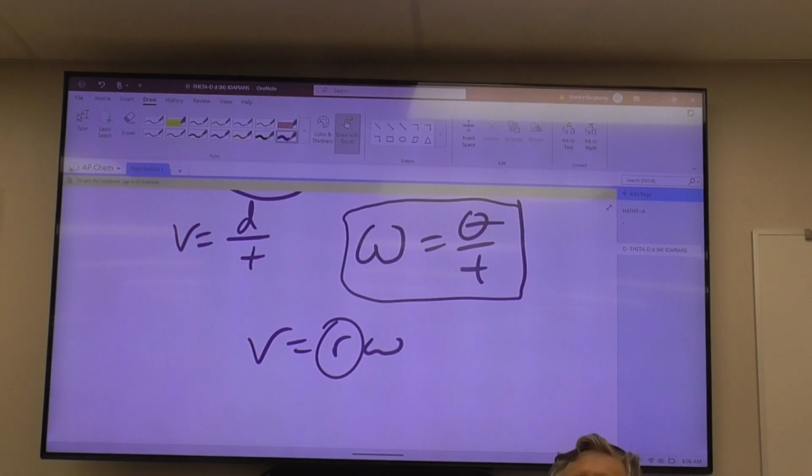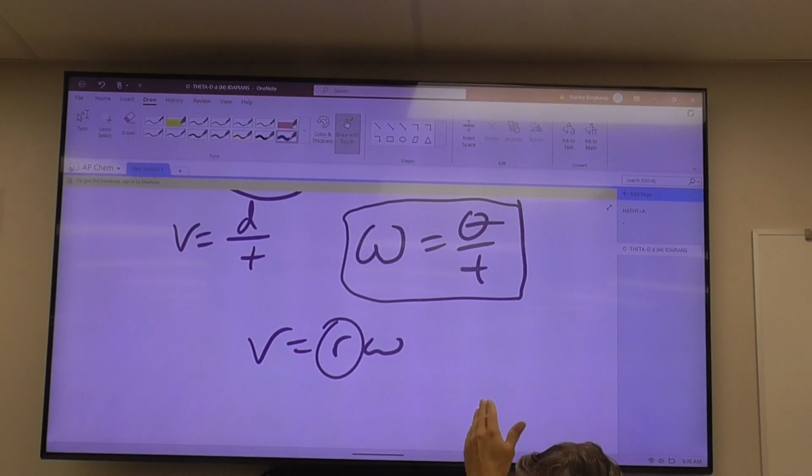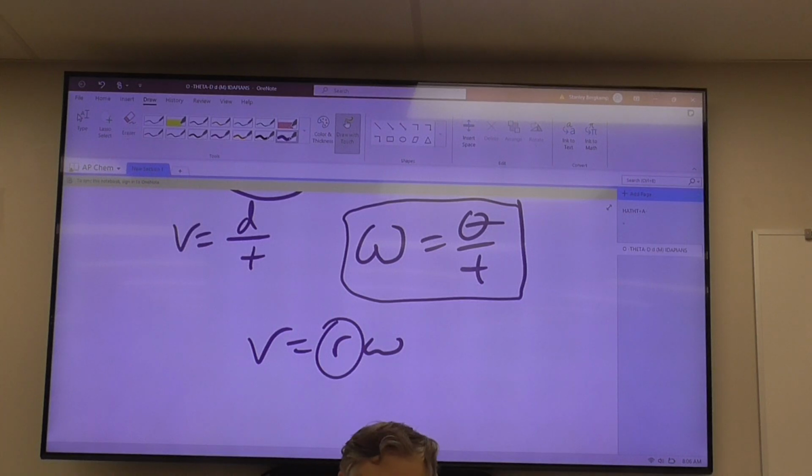Okay? So, here's the other way that you can view this. Imagine that I'm going to move my arm around, and Gapshon is going to try and walk and keep up with this point on my arm. And Will is going to walk and try and keep up with this point on my arm. As I go around. So, I got Gapshon close, I got Will out here on the end. Who's going to have to walk faster? Will. Why?